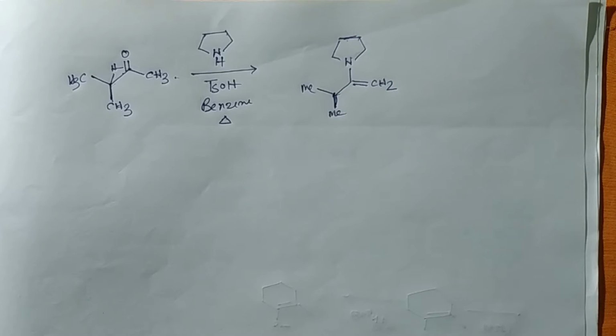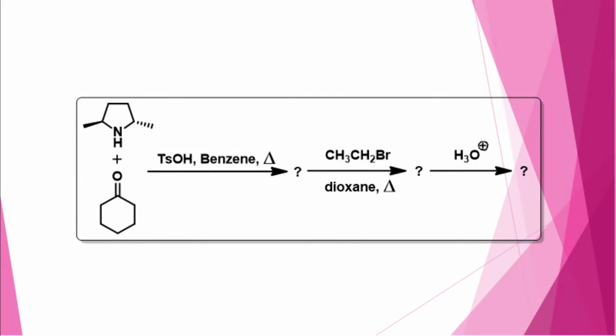So the next question is a little bit of a stereochemical question. There is a stereochemistry involved in the enamine formation. Let's try that. This is our next problem, where the amine, which is a secondary amine, is a chiral one. At first, in spite of the chirality, the enamine formation won't have any effect, so we get a normal enamine.